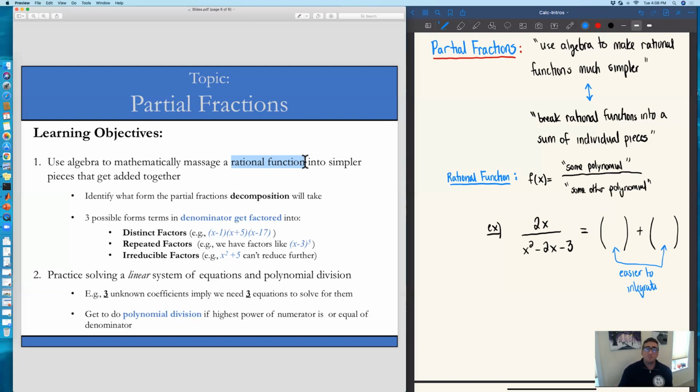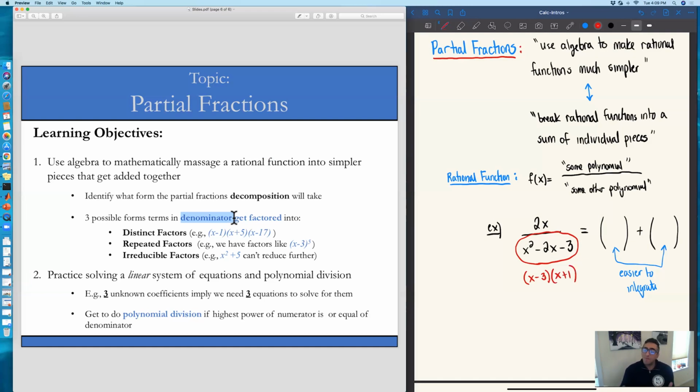But the big thing we're going to be doing first is factoring denominators. So for example, in this case, this denominator factors into an x minus 3 and an x plus 1.